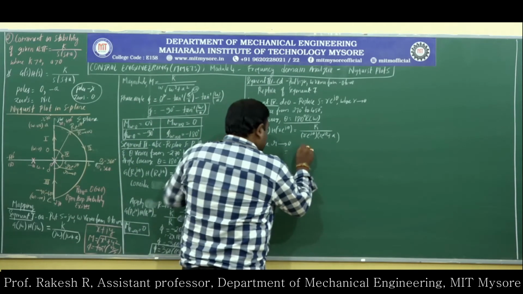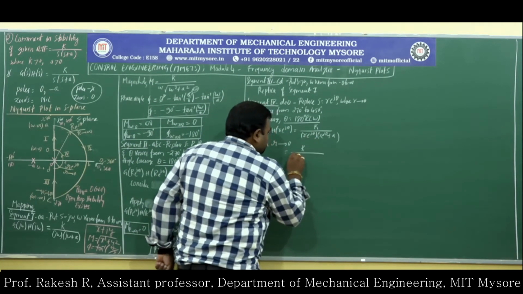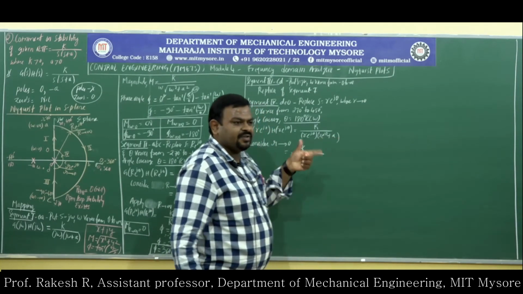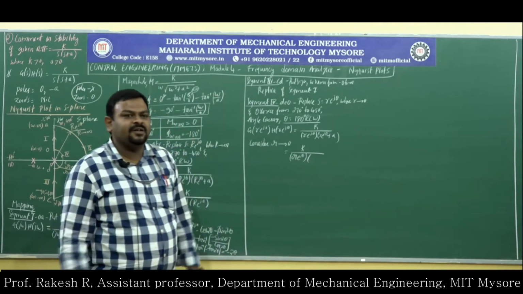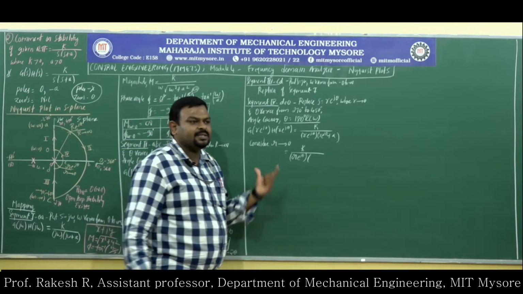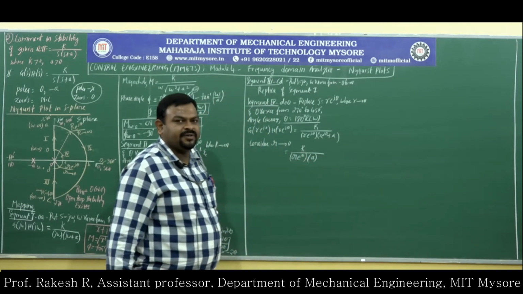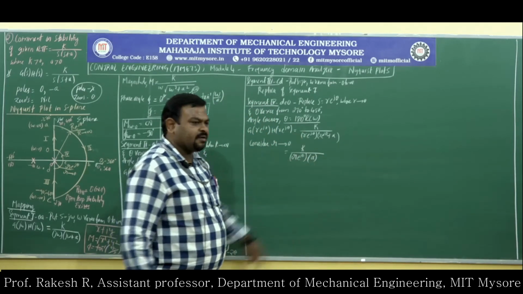So then K, retain this term, r e to the power of jθ. Compared to a and 0, which is greater? a is a positive value, it can be anything. If it is 1, it is greater than 0. So here replace with that positive term. So K by a is again a constant.